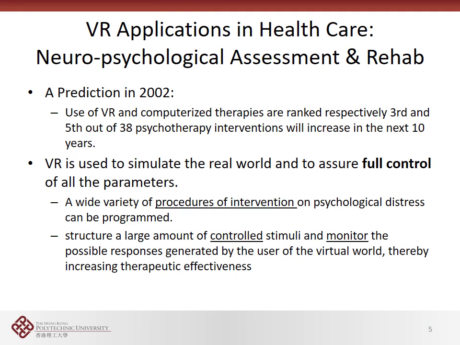And second, we can structure a large amount of controlled stimuli and monitor the possible responses generated by the users of the virtual world. Therefore, we can increase the therapeutic effectiveness in neuropsychological assessment and rehabilitation.